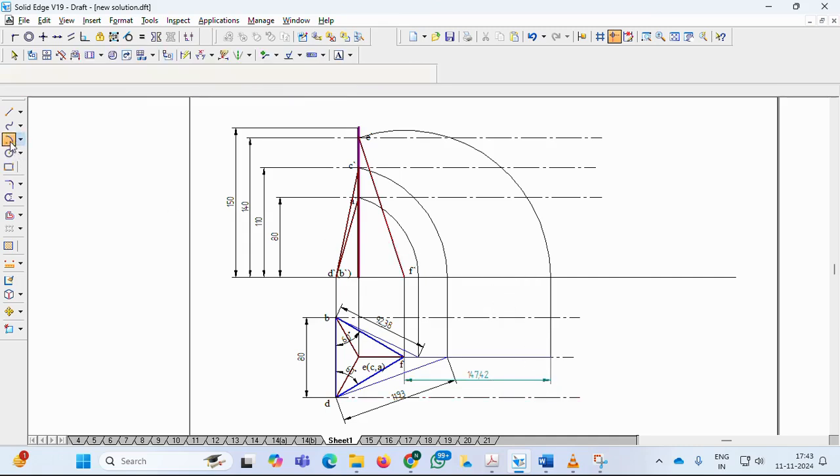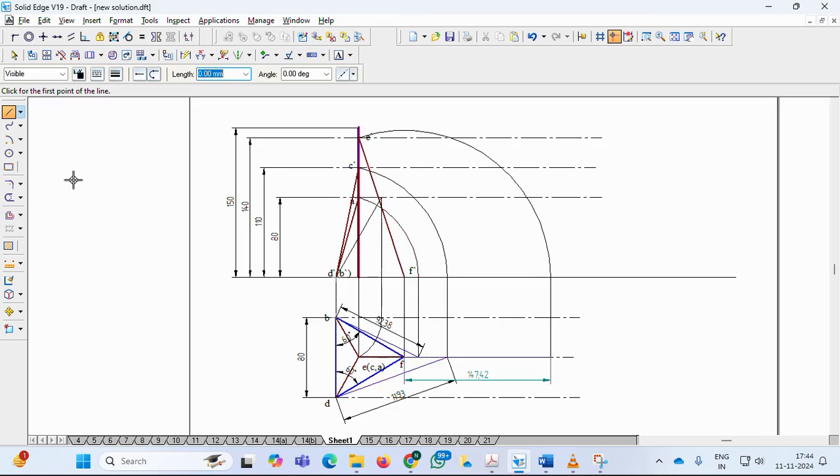Next, and again I want to find the slope. So I am going to rotate this apparent length in the top view, and I will project into the front view. Join.